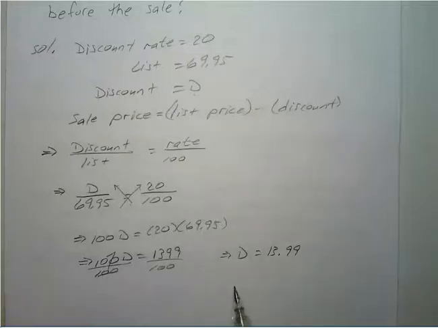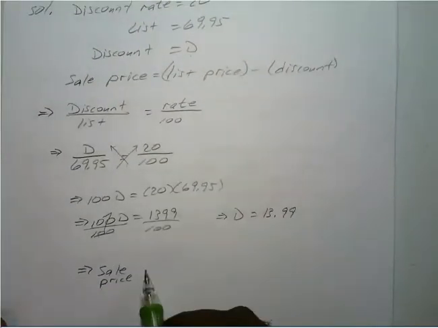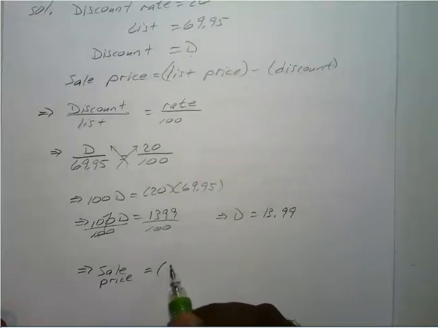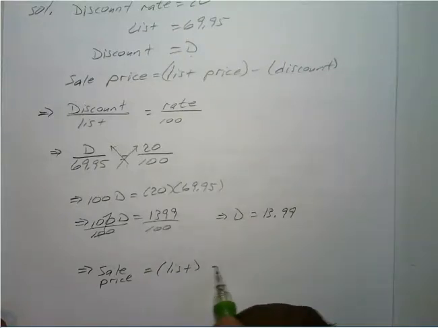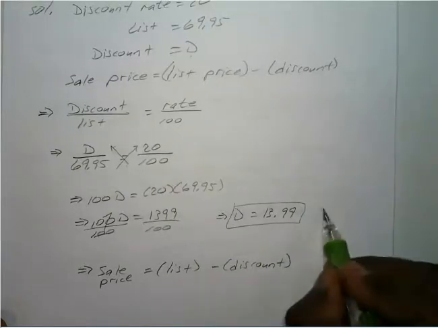Okay. Now to find the sale price, remember, that's equal to your list price minus your discount.